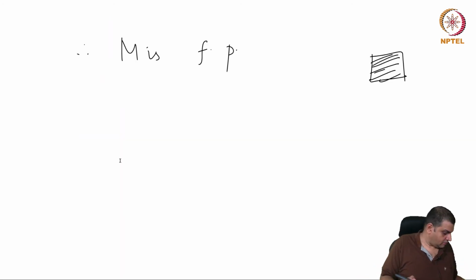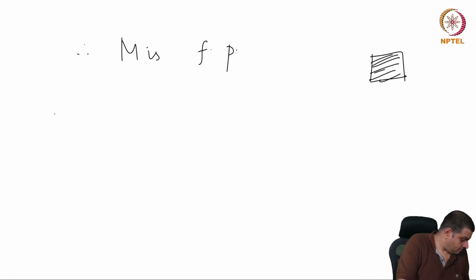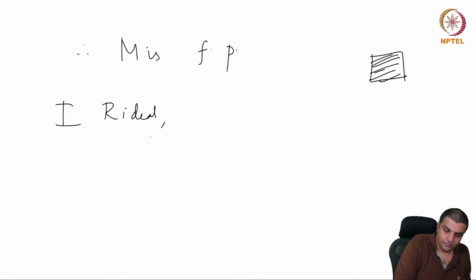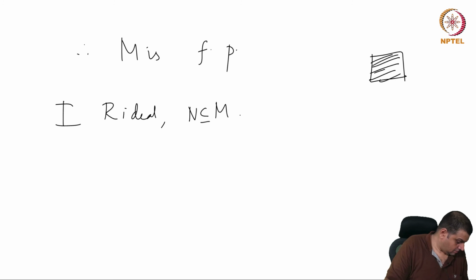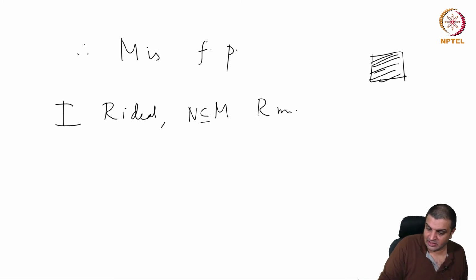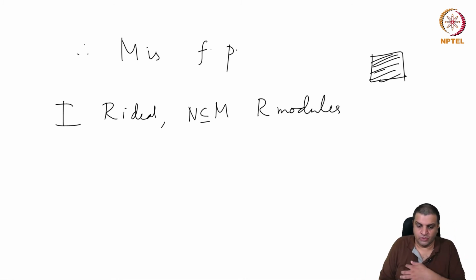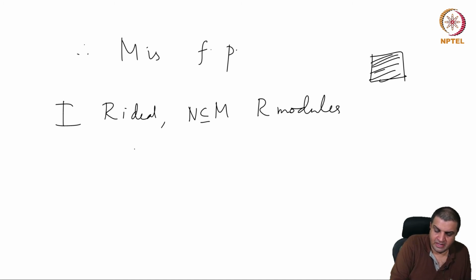Let's discuss a few more things. If you have an ideal I in R, and M an R module, this means I also implicitly mean that it is an R submodule, not just a subset. So if we have this, then we can define M mod IM.